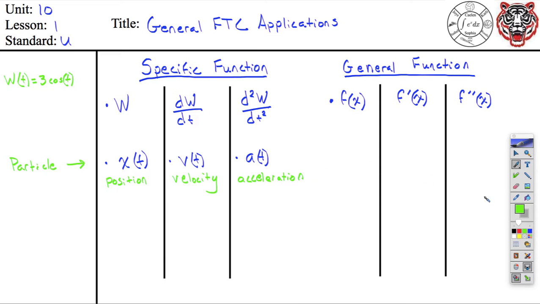And then if you want to use Leibniz form, again, let's just do one more for the general. If I just gave you y, instead of saying f of x, I'm just going to say y. Use Leibniz form, what's that going to be? Fractional form for this general function.